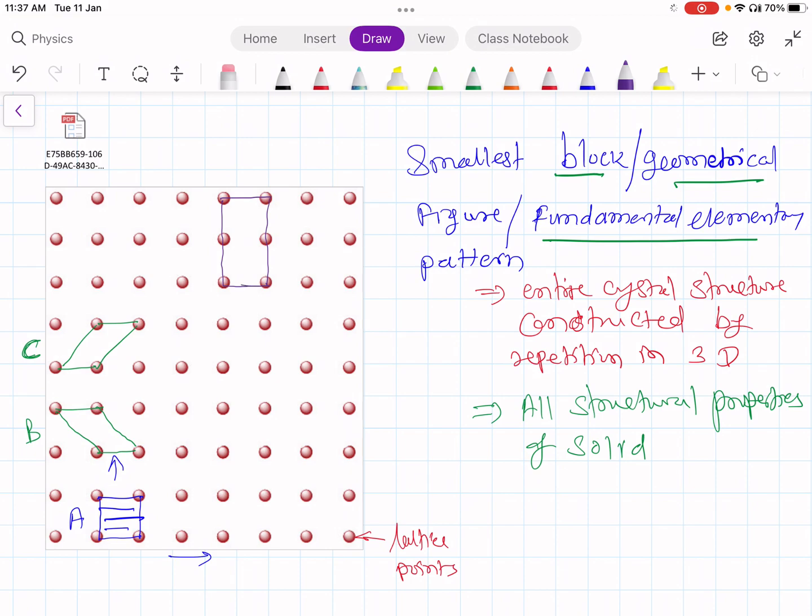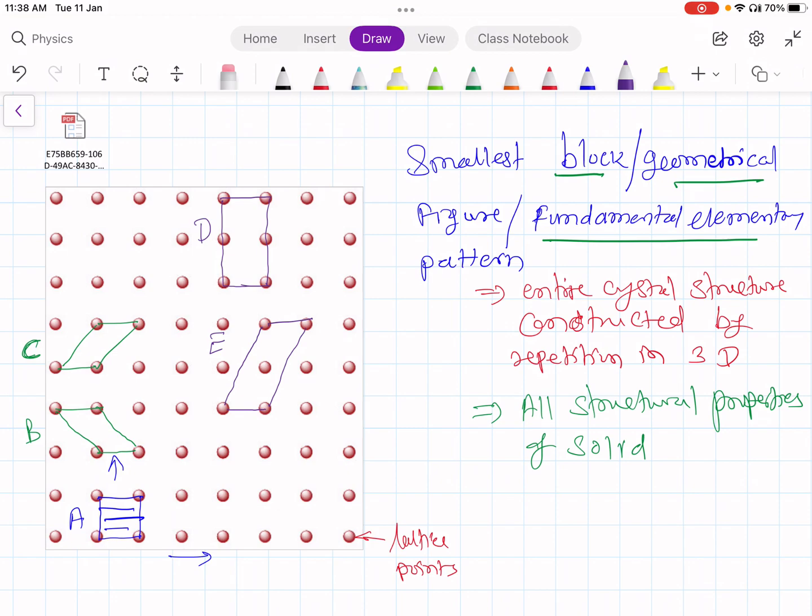This is my unit cell D, and I can also select a unit cell like this. And this is unit cell E.